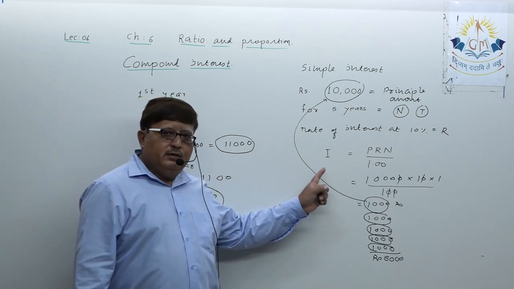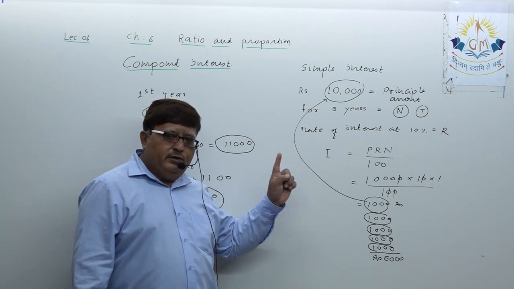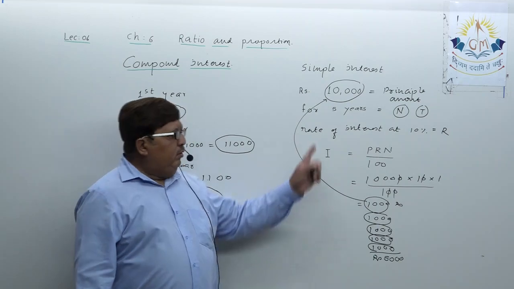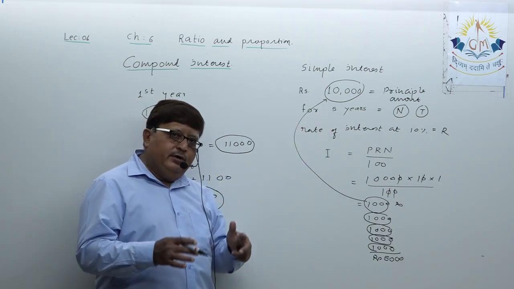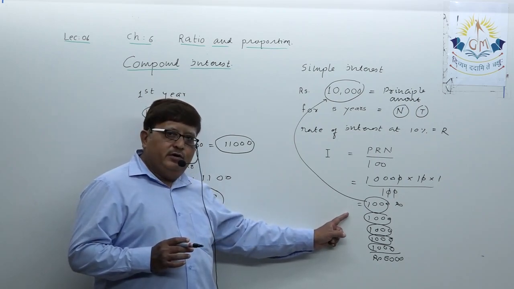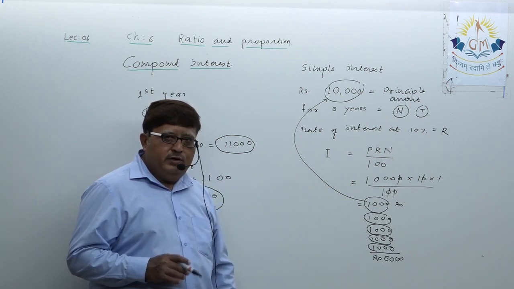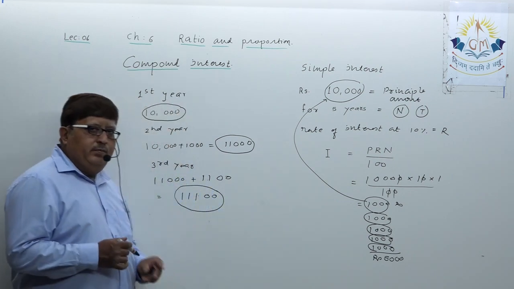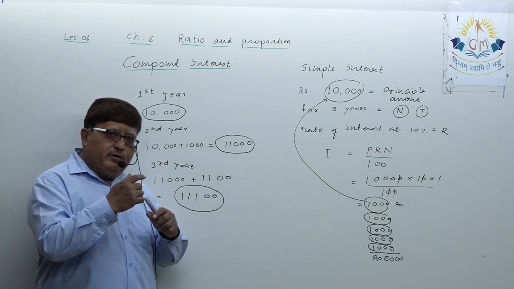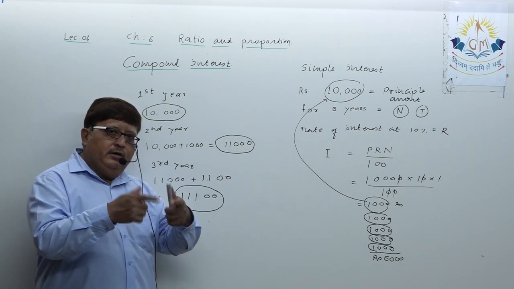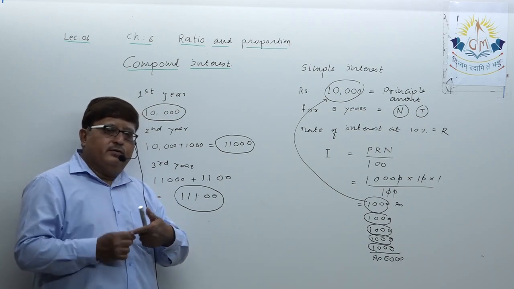Here in simple interest, interest is counted on the fixed principal every year. So you can estimate the interest every year because it is going to remain the same. But in compound interest, interest is counted on increased principal every successive year.